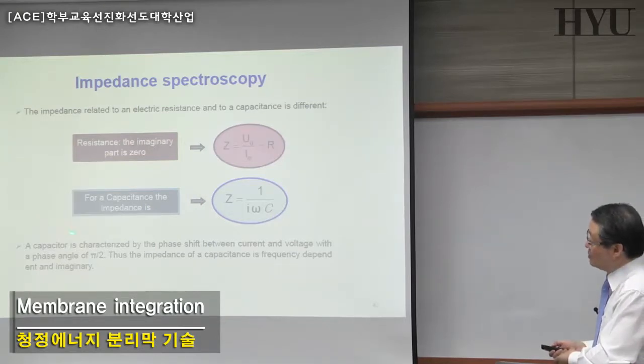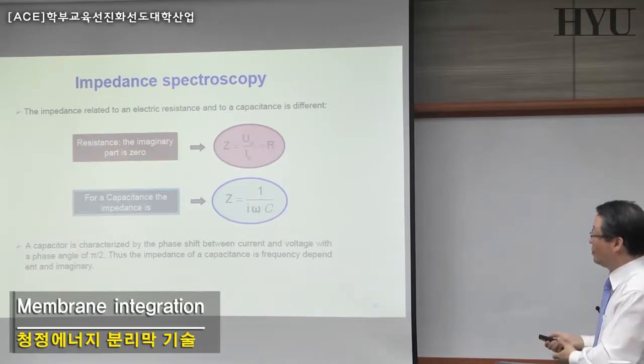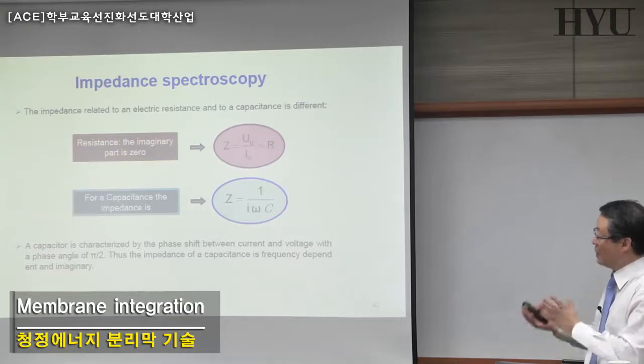A capacitor is a system where you have a phase shift between the current and the voltage, with a phase angle of pi over 2. So the impedance of the capacitance is frequency dependent and is the imaginary part.